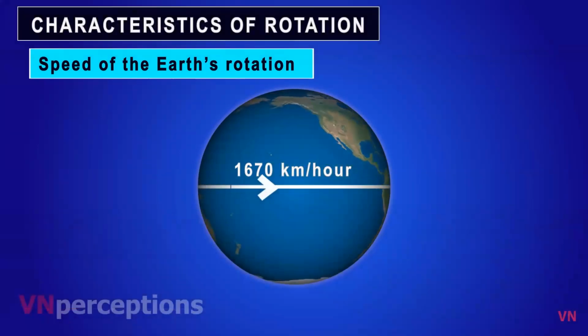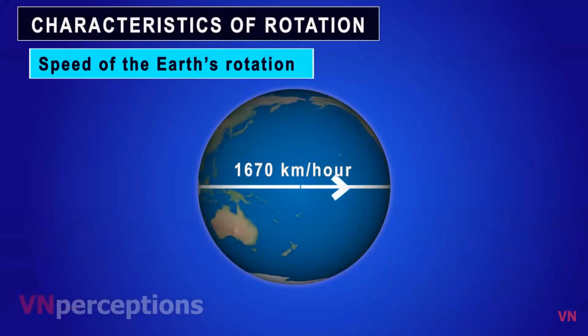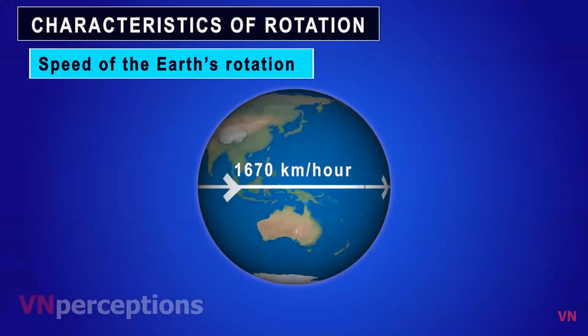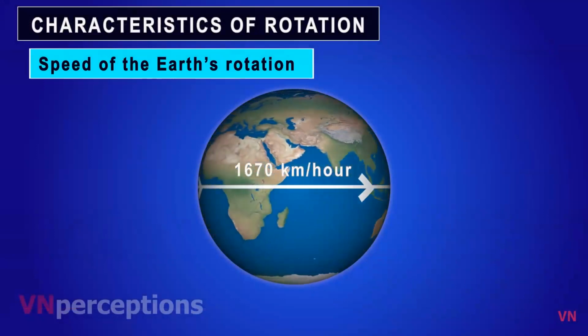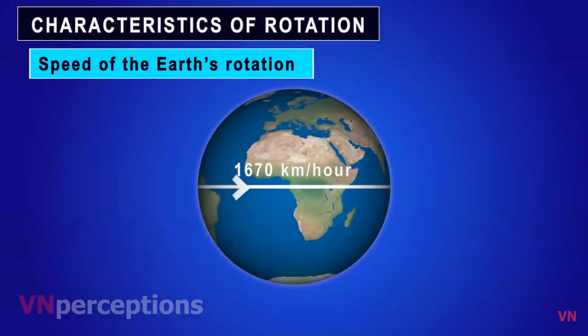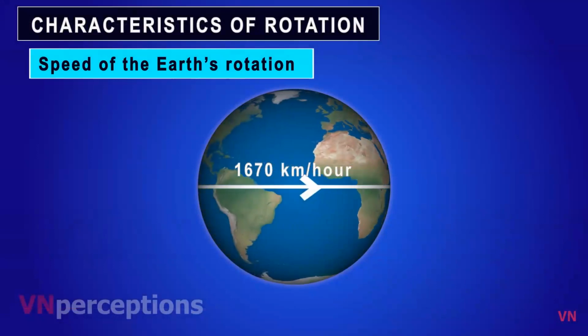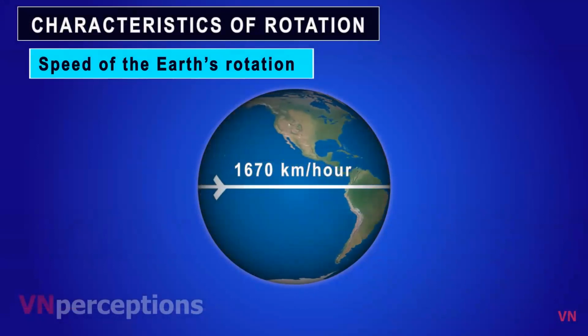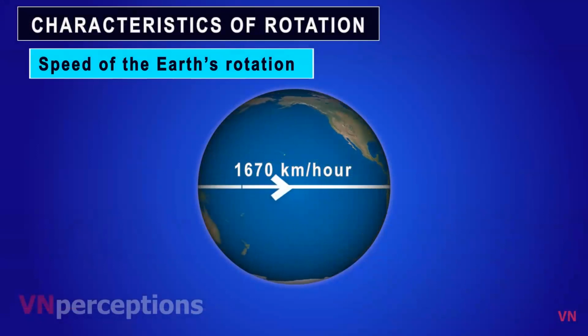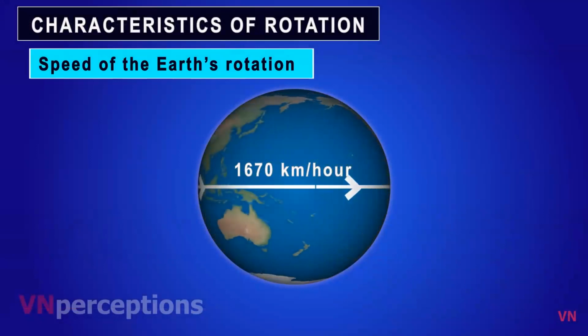This is because the circumference of the Earth is 40,070 kilometers. So at the equator, the Earth will be traveling 40,070 kilometers and it is covered in 24 hours. So in 1 hour, the Earth rotates 1,670 kilometers per hour.